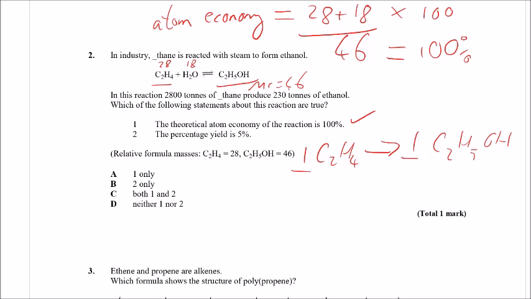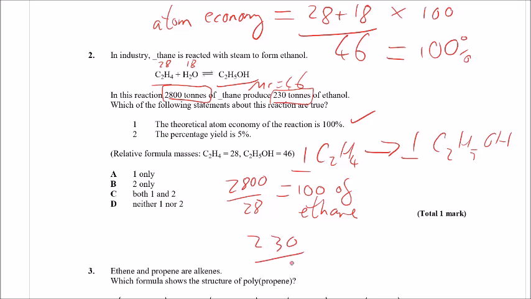So calculating the moles, well, we've got 2,800 tons, so 2,800 divided by 28 equals 100. And then we've got 230 tons of ethanol. So that's of ethene, and then we're going to have 230 divided by the MR, which is 46, equals 5 of ethanol.